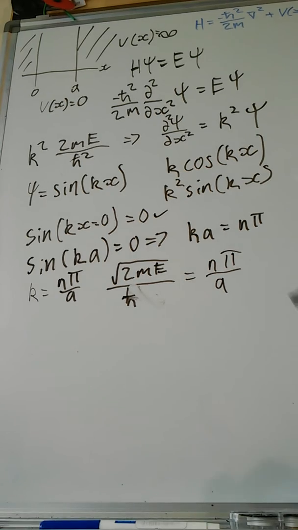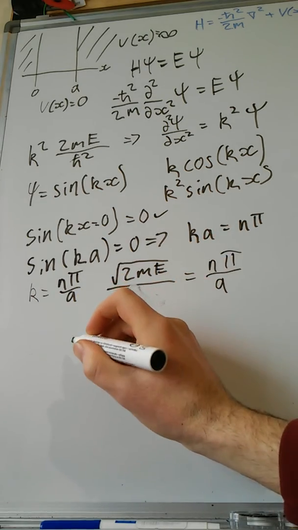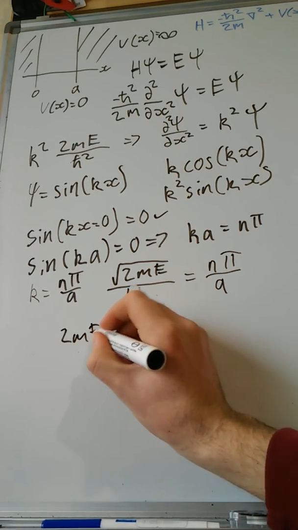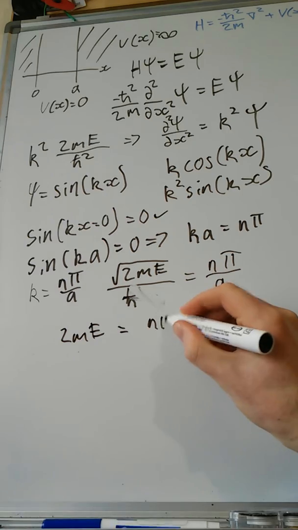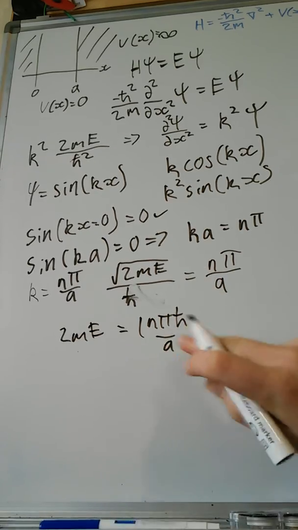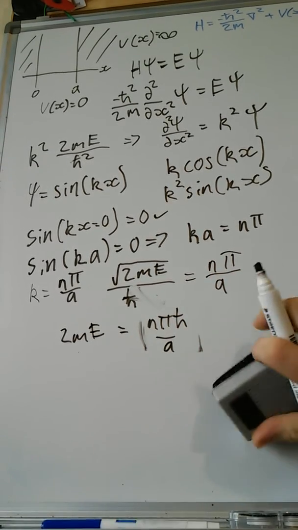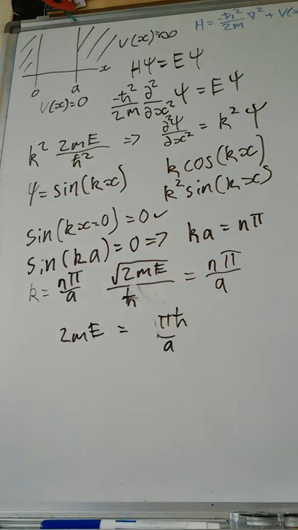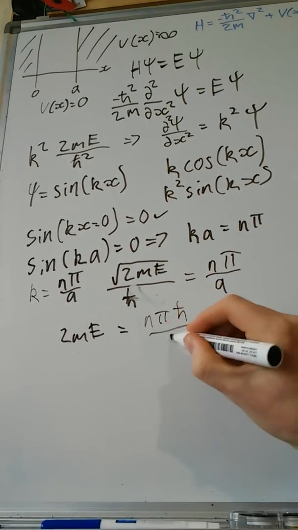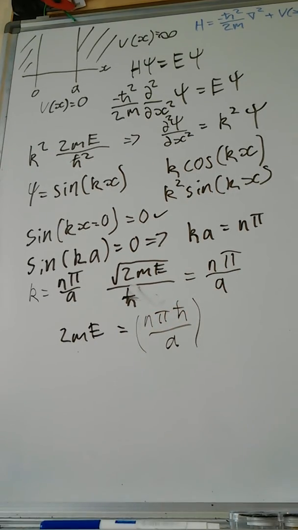We can then solve for energy multiplied by h bar and then square it. 2mE is going to be equal to n pi h bar over a, and that's all squared to kill the square root.